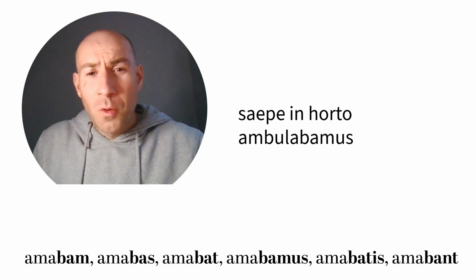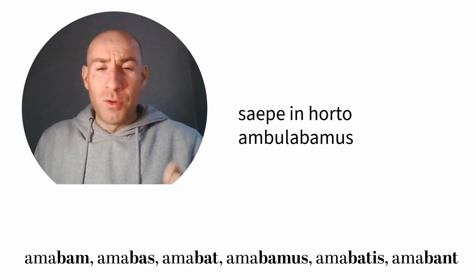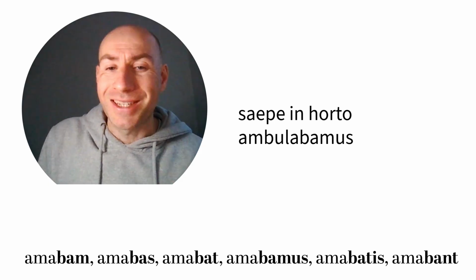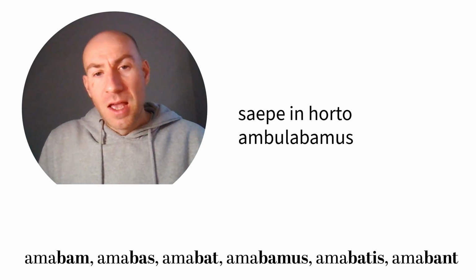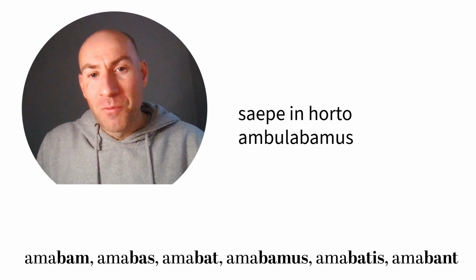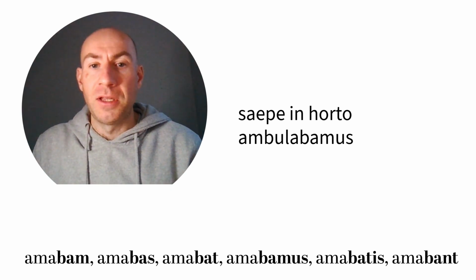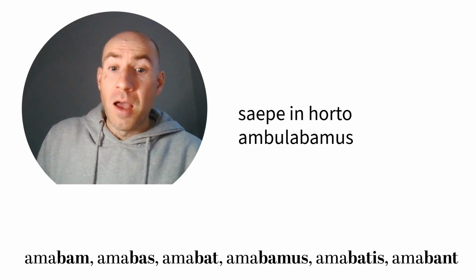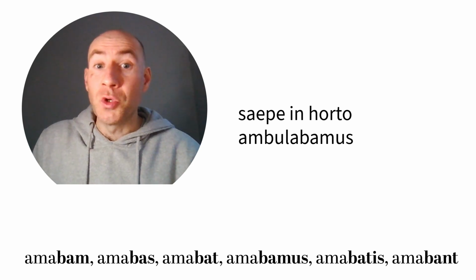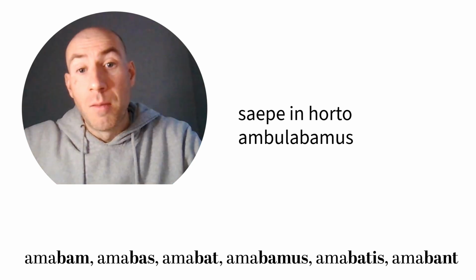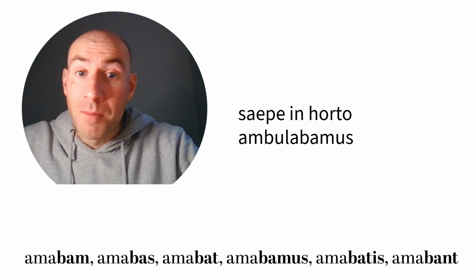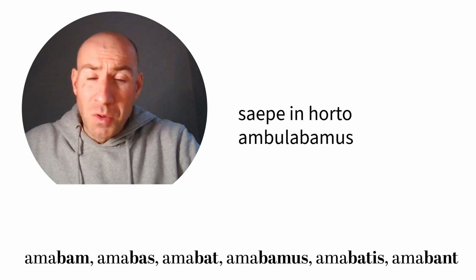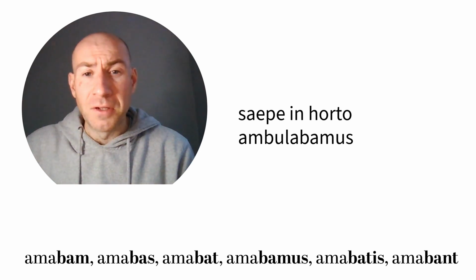Saepe in horto ambulabamos. Very, very good. The pronoun there in the nominative case will be nos, N-O-S, we, but it is not used with the same frequency that it is in English, certainly in the nominative case, for the simple reason that the verb at the end, the conjugation is unique to the first person plural here. So we, ambulabamos, can only mean we. And so therefore, to put nos at the start of it is redundant, really.